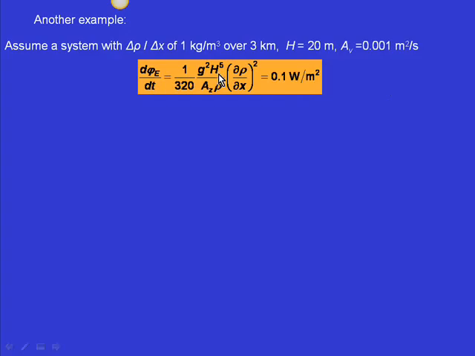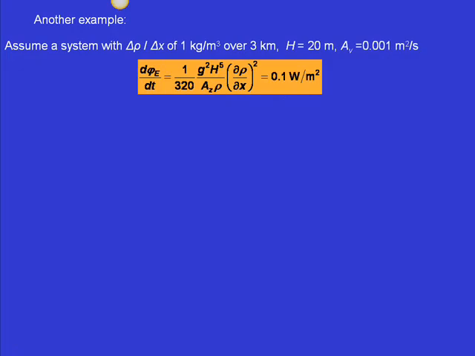And again, that's because of the sensitivity of this relationship to the depth and to the density gradient. So we've increased the density gradient a little bit, and we've increased the depth also. We've doubled the depth. So that's why we have increased the stratifying power by 3 orders of magnitude. So now we need, what do you think?